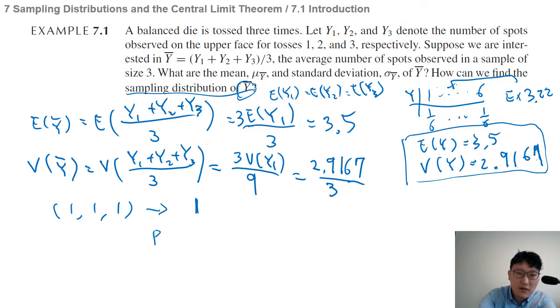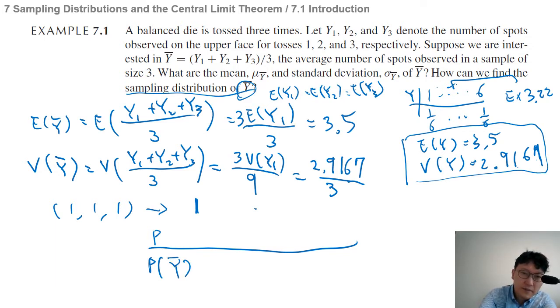And so what would be the table of y bar? Probability of y bar. Here we have y bar equal to 1. What are all possible events?